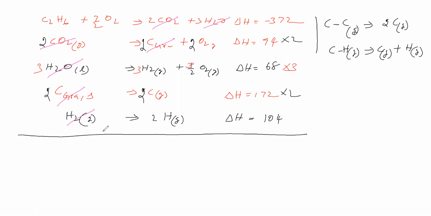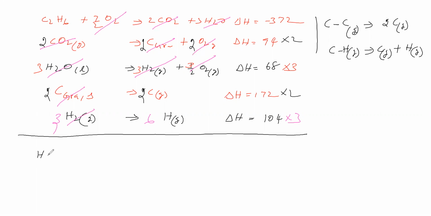Hydrogen, we multiply this by 3 and cancel it. So we are multiplying this equation by 3, so this 2 becomes 6. Now 3H2 and 3H2 cancel. Then 7 by 2 O2 cancels. So what is remaining? Here ethane is the remaining on the left side.